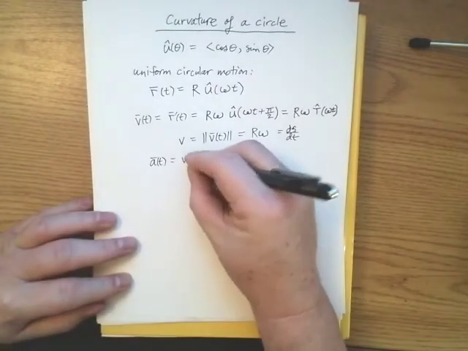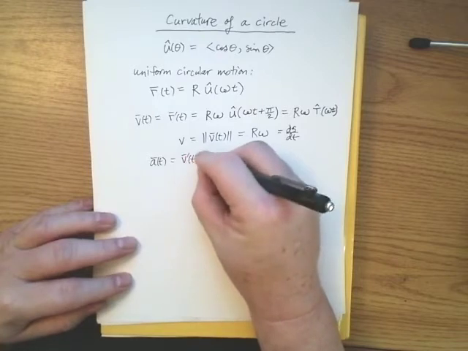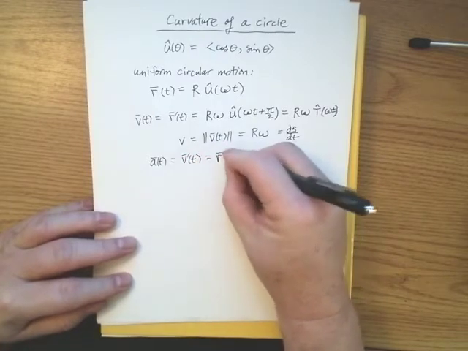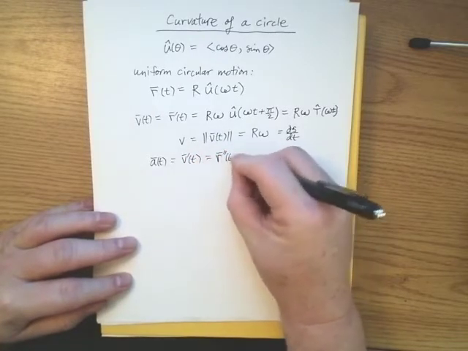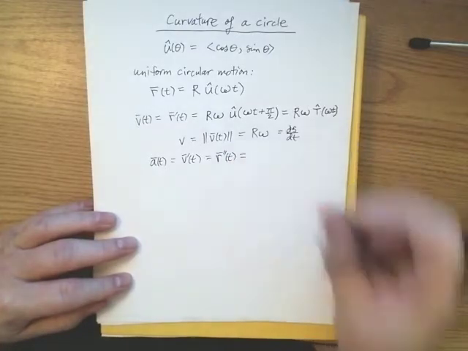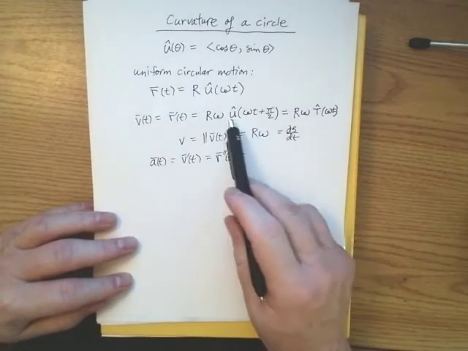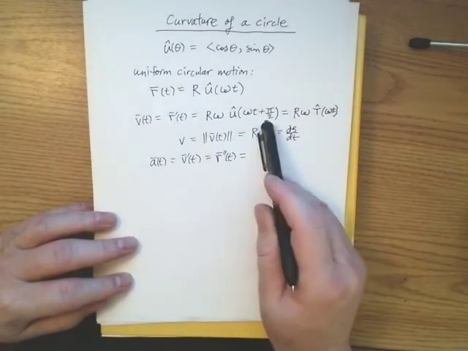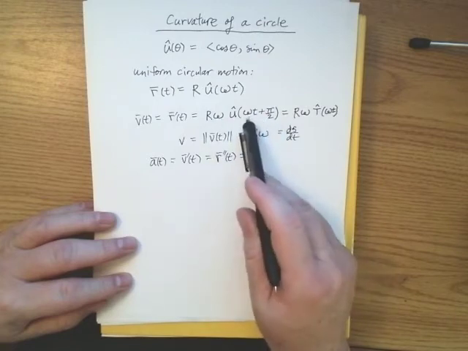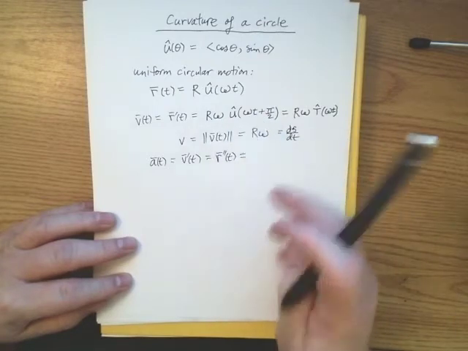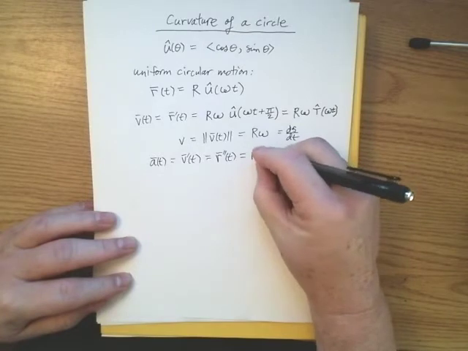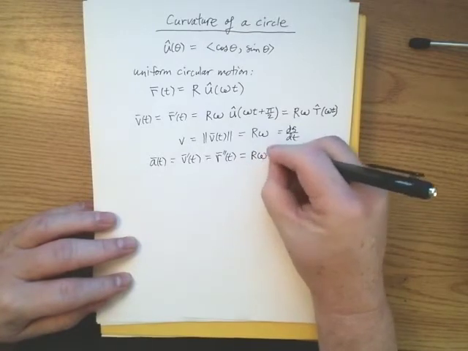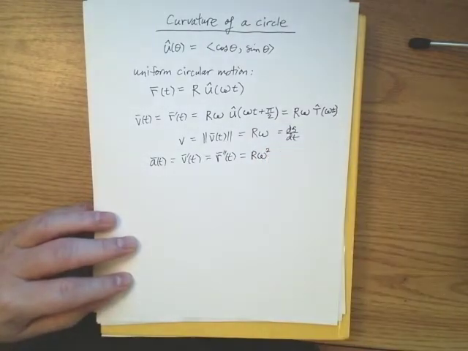Acceleration is the derivative of velocity with respect to time. So that's the second derivative of position with respect to time. So now I'm differentiating this thing. When I differentiate the inner function, once again, I get the little omega factor, so I get r omega squared.